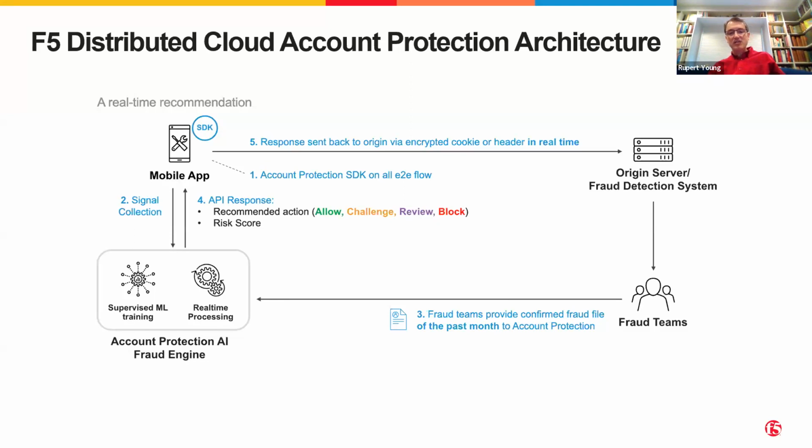So either weekly or bi-weekly or monthly or quarterly, our more sophisticated customers collect all the information about cases where they think we got it right, wrong, or missed fraud. So these are false negatives, false positives, as we call them in the machine learning space, and send that back to us in a file, right?